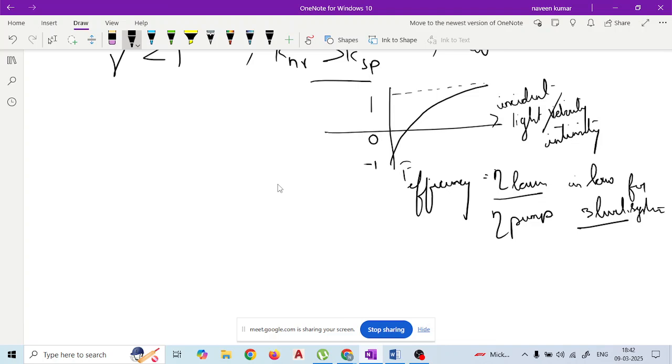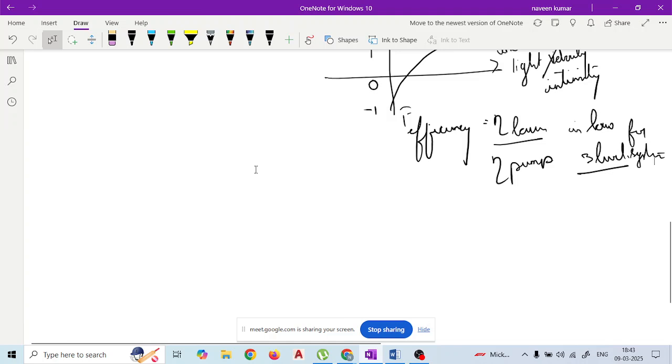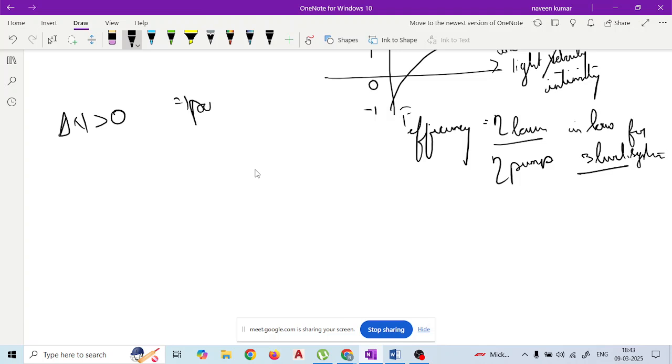So for population inversion to occur, we know that delta N should be greater than 0, that is N2 greater than N1.